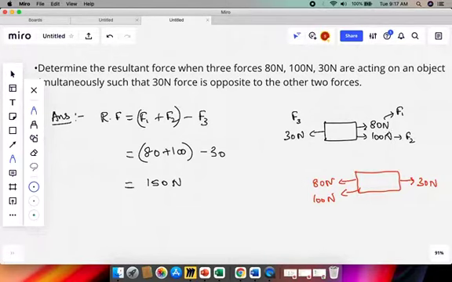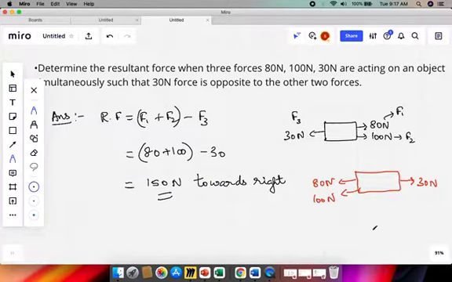Naturally 100 Newton is the greater force, and here we are getting 150 Newton towards the right hand side. So we can write 150 Newton towards right, because more force is exerted on the right hand side and lesser force is exerted on the left hand side. Hence the resultant force will be towards the right hand side.